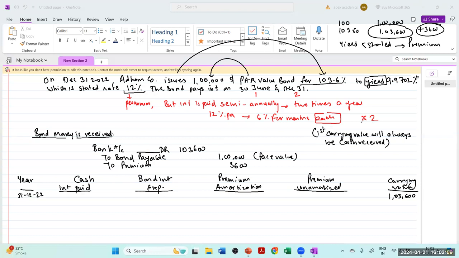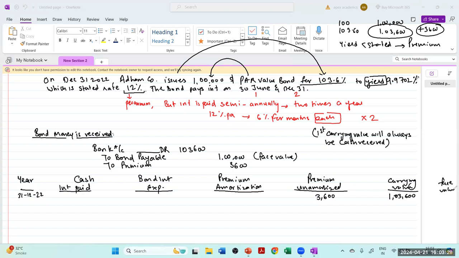So in the case of your discount, if you see in your notebooks, your first carrying value was 96,400. Are you with me on that? Premium unamortized is 3,600. I want you to remember that discount unamortized plus carrying value was equal to face value.